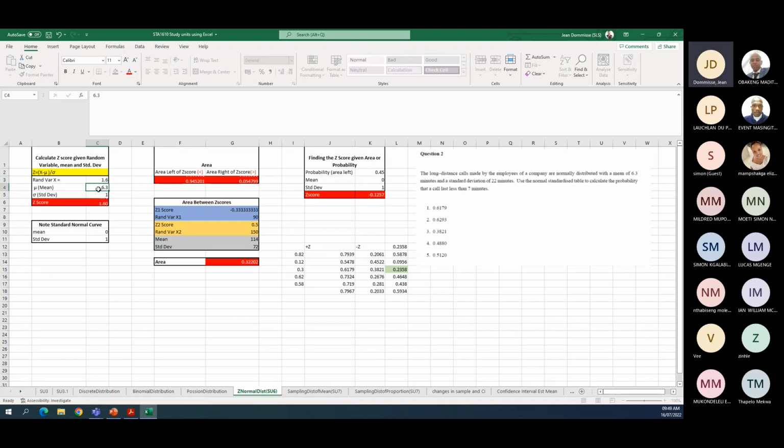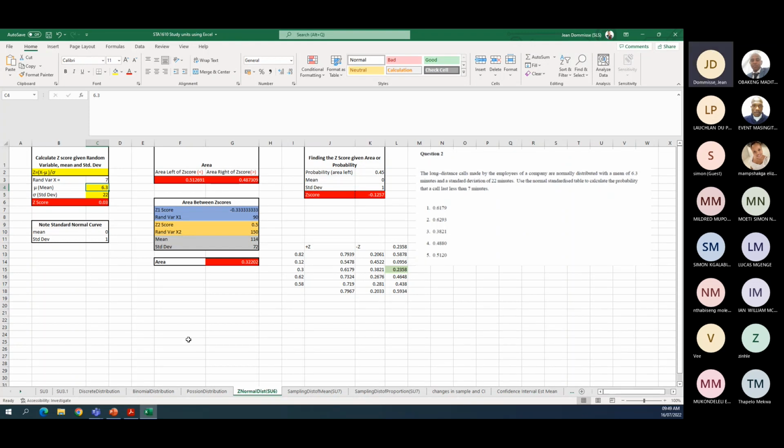As you will see, as I change that here, things have automatically started to change. Standard deviation of 22. Okay, there things have changed again. Use the normal standard table to calculate the probability that a call lasts at least 7 minutes.